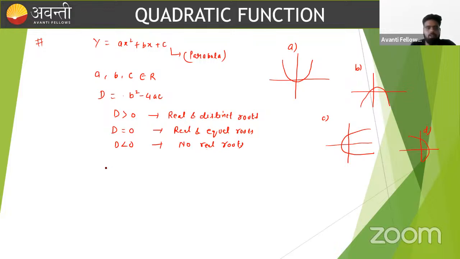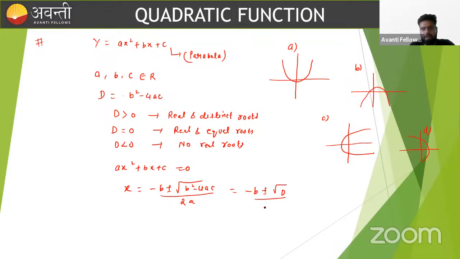And if somebody asks me how we can find the direct value of x or the roots, in order to find the roots, we have to equate the y value equal to 0. And if we solve this, x equals minus b plus minus root of b square minus 4ac upon 2a. This can also be written as plus minus root over D upon 2a.